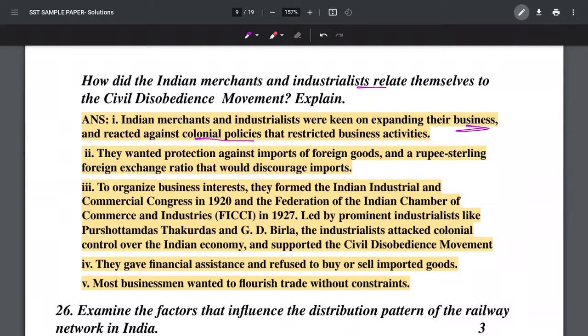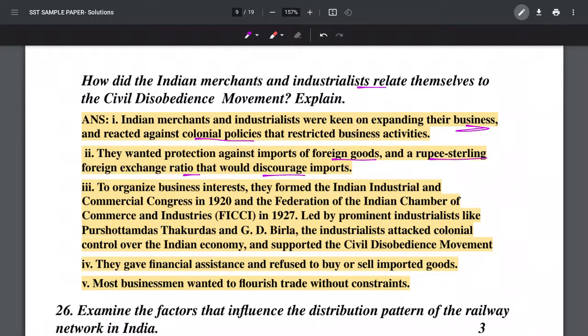They wanted protection against imports of foreign goods and a rupee-sterling foreign exchange ratio that would discourage imports. So they wanted a proper exchange ratio and protection against foreign goods.